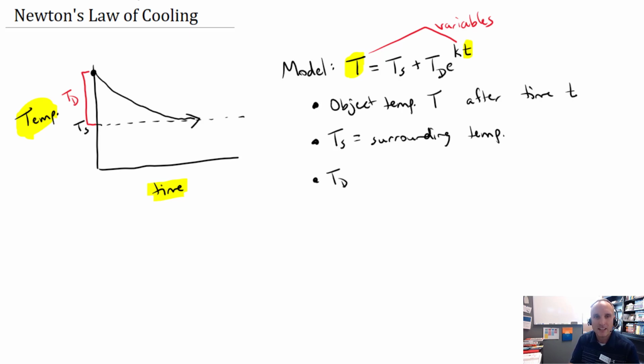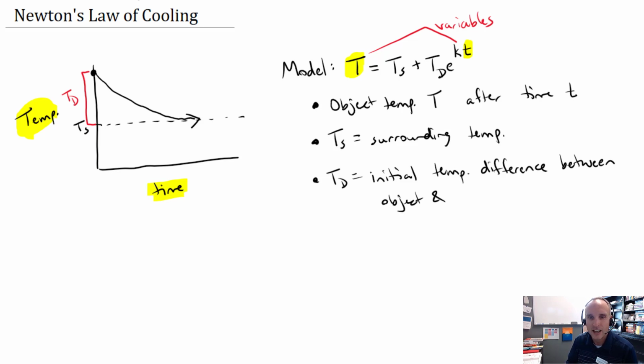T sub D is the initial, meaning at time 0, the initial temperature difference. That's what the capital D is for, difference. The initial temperature difference between the object and the surroundings, as we've shown here in the graph.